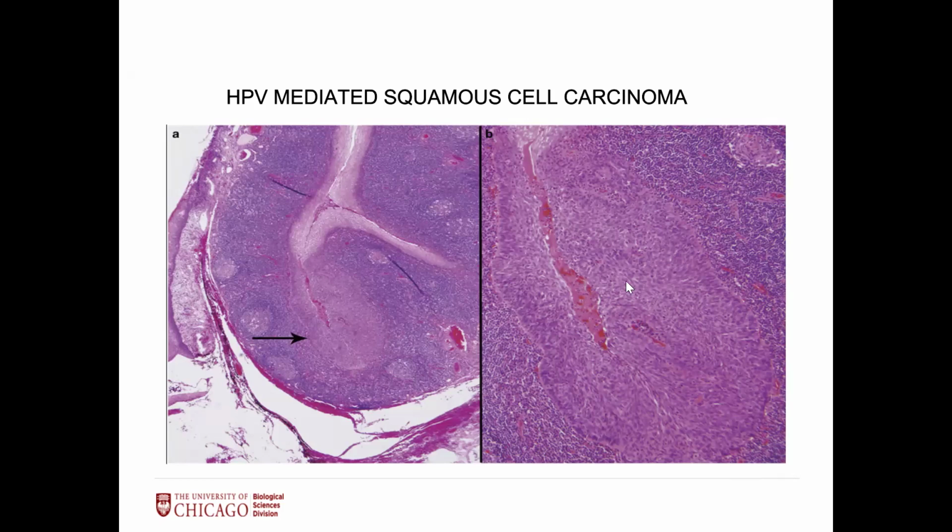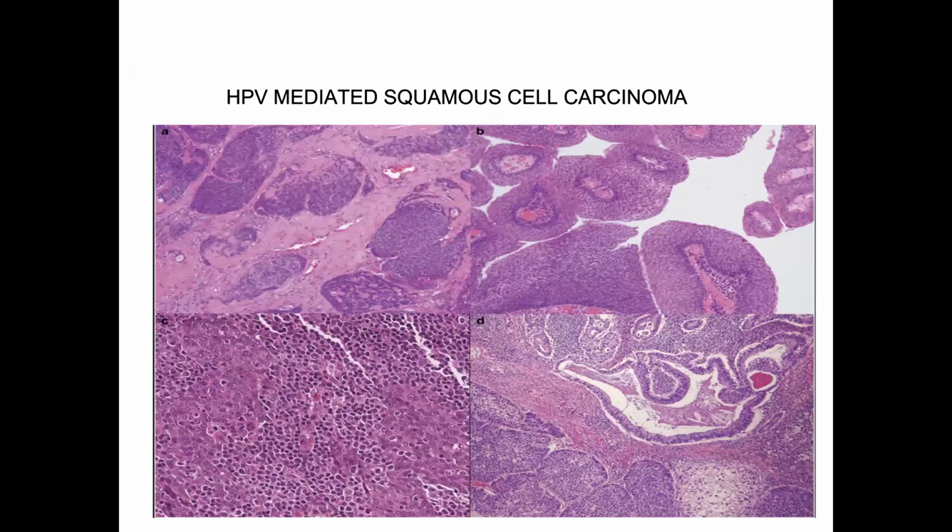If you see this much, this thick, and this is going to be dense P16 positivity, or positive by ISH, this is already invasive. We're calling this invasive. You don't see it trickling into the adjacent stroma, doesn't matter. The basement membrane is discontinuous. This is invasive squamous cell carcinoma, okay? Only for HPV, only in the tonsil, you make the diagnosis.